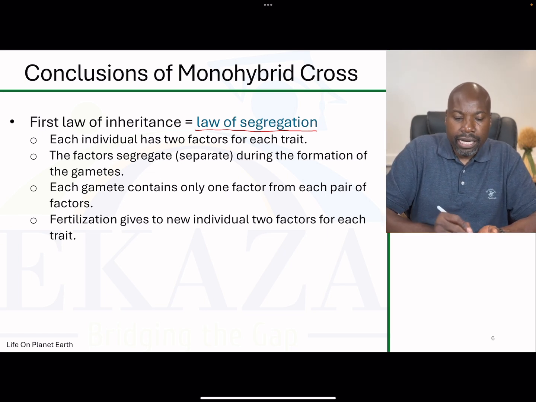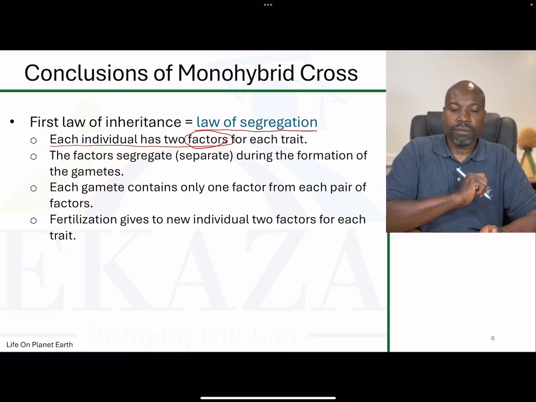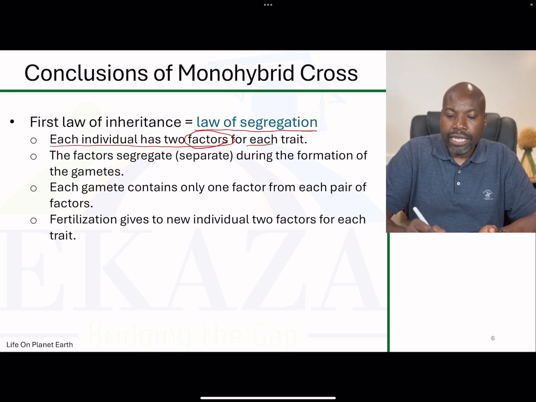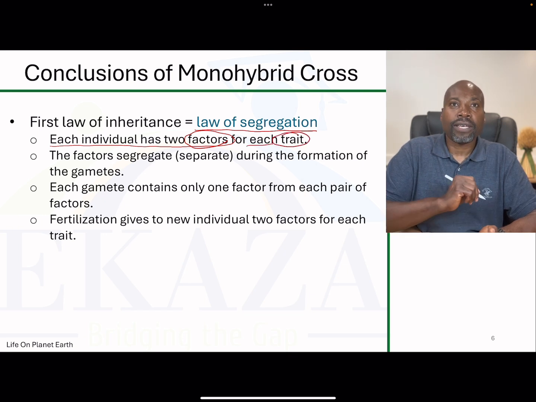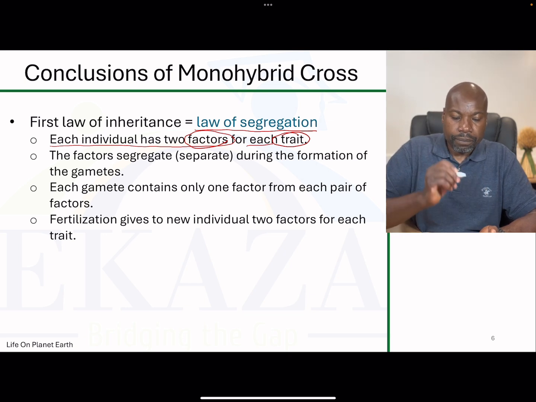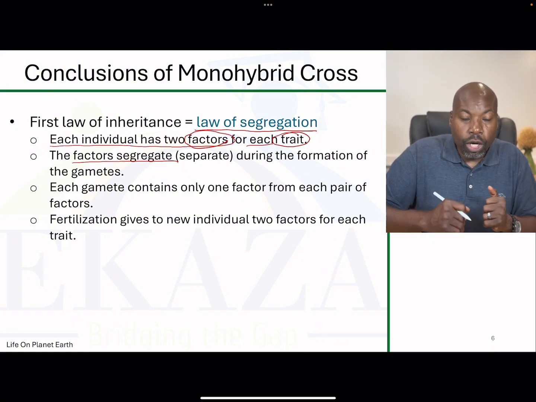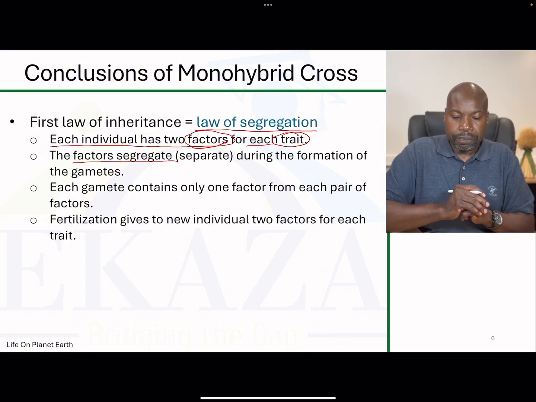So each individual has 2 factors, factors being genes, right? For each trait, okay? Trait being the phenotype, right? The factors segregate, so they separate during the formation of gametes, which we know to be meiosis.